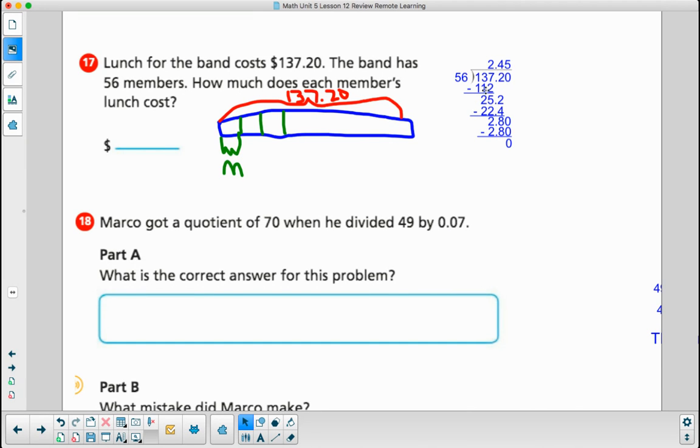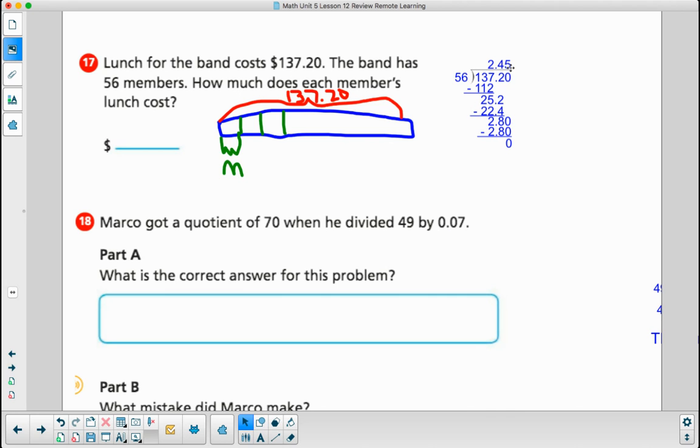Well, there are 4 56s in 252, so there's about 4 tenths of a 56 in 25 and 2 tenths. 4 tenths multiplied by 56 is 22 and 4 tenths. 25 and 2 tenths, subtract 22 and 4 tenths are 2 and 8 tenths, and I brought down my 0.